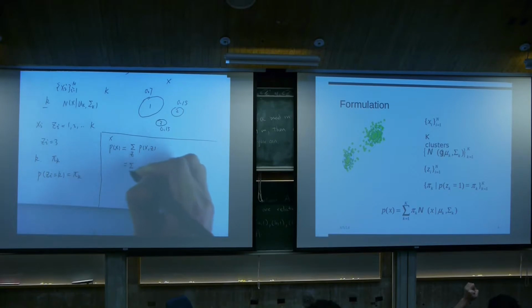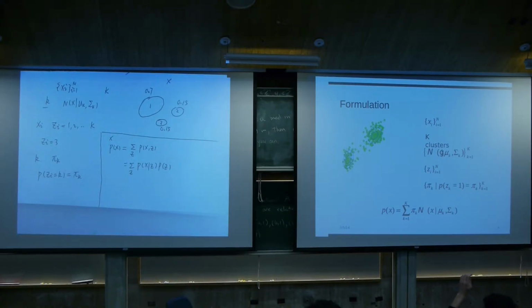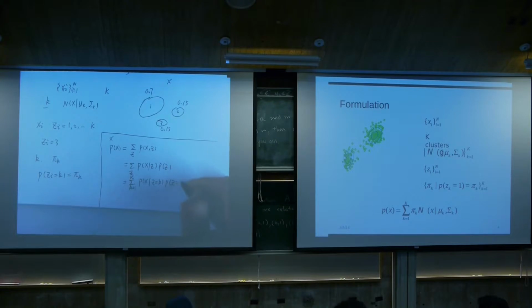Now we factorize this joint probability into p(x | z) p(z), according to the product rule. Because z can take a value from 1 to K, we can explicitly write this out: the sum over k equals 1 to capital K of p(x | z = k) p(z = k).